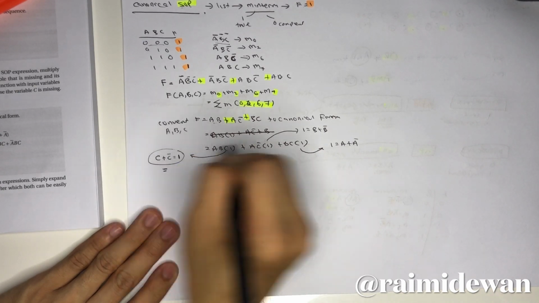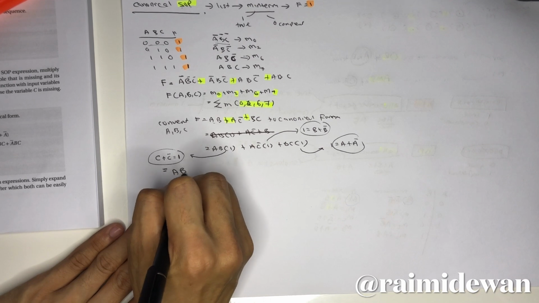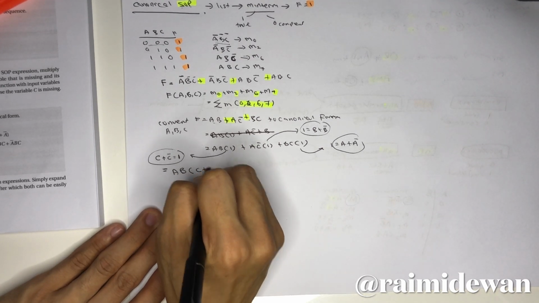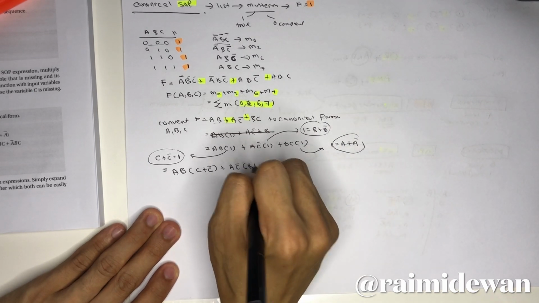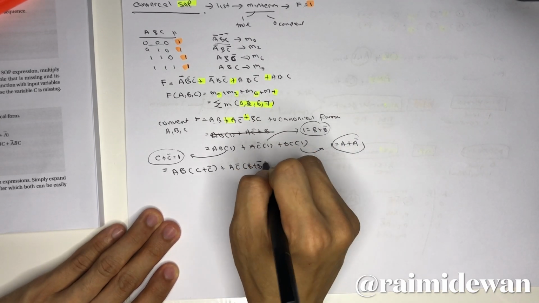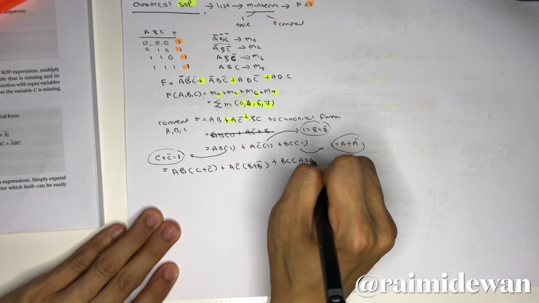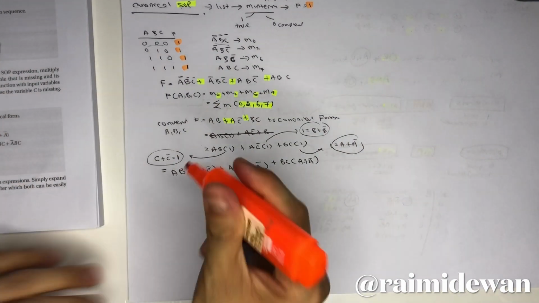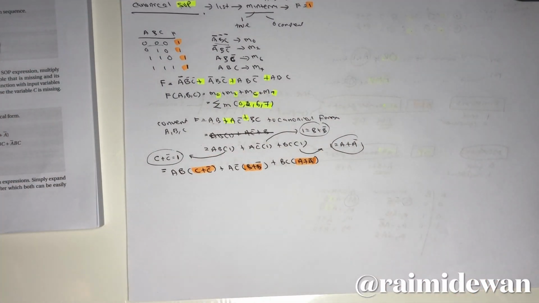So you have AB times (C plus C bar) plus AC bar times (B plus B bar) plus BC times (A plus A bar). Okay, all the orange is actually equal to 1. So we actually didn't change the value, because it's still 1.